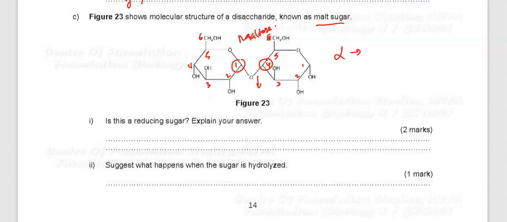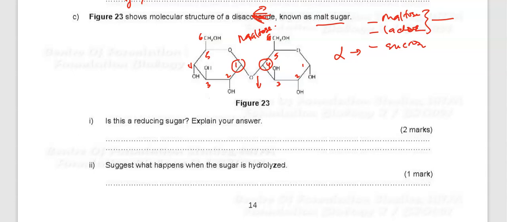Explain your answer. You know that for disaccharides there are 3 types of sugar: maltose, lactose, and sucrose. Of these 3, only 2 are considered reducing sugars. What does it mean by reducing sugar?